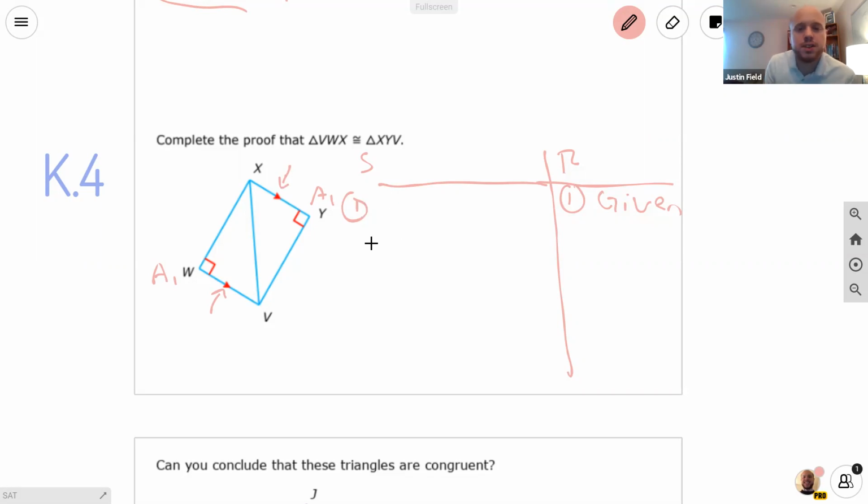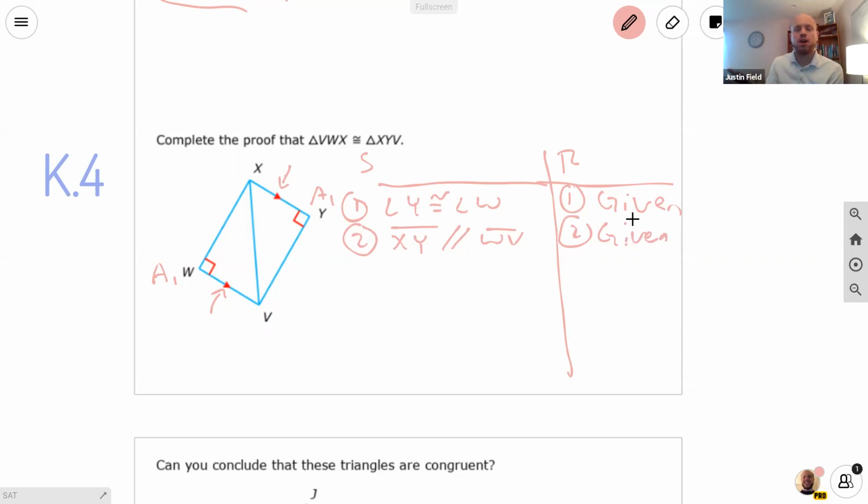Okay, so I'm just gonna write my given information. Angle Y is congruent to angle W. And my second piece of given information is segment XY is parallel to segment WV. It's given as well.